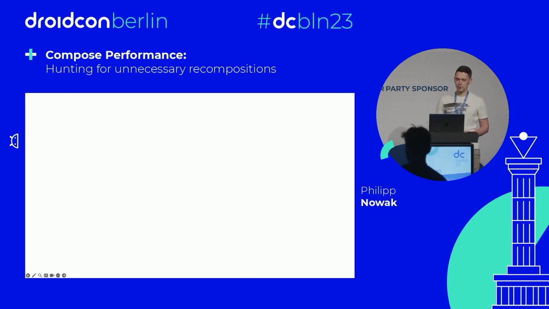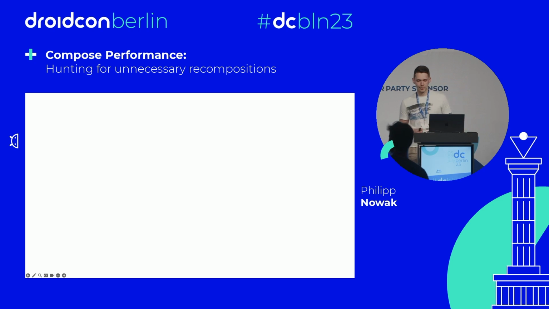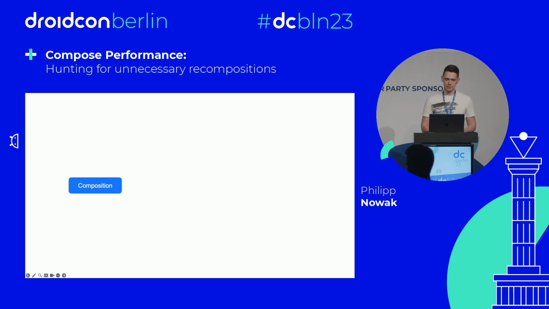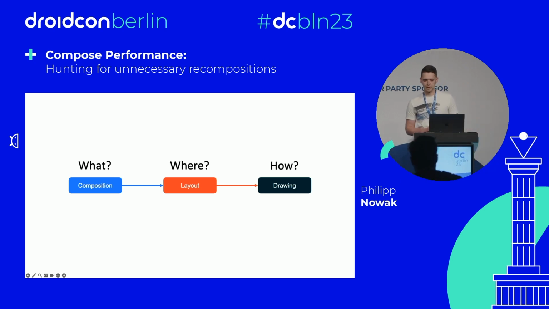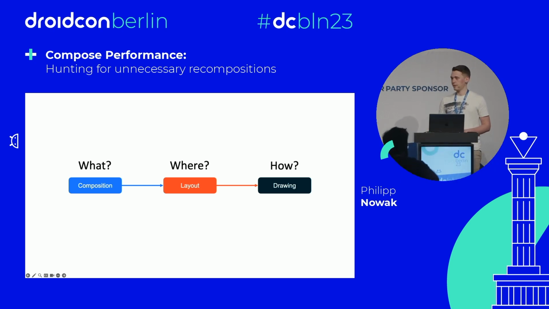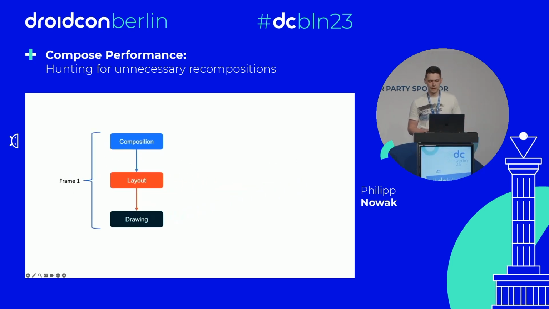As some of you might already know, or maybe you heard it in one talk at the conference here, Compose has three phases: the composition phase, the layout phase, and the drawing phase. Or, in other words, what UI to show, where to place the UI, and how to render the UI. In theory, Compose can execute all three phases in every frame.